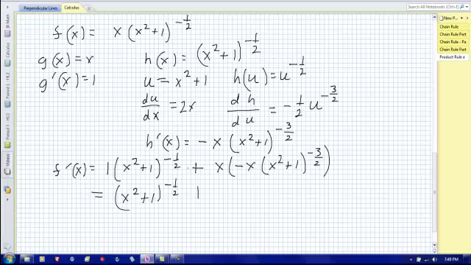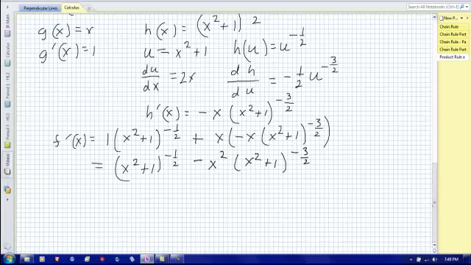Putting this together, we put the positive x times the negative x, we get negative x squared times x squared plus 1 to the negative 3/2. Okay, well, let's just finish that up then. We can clean this up by taking out that x squared plus 1 to the negative 3/2.